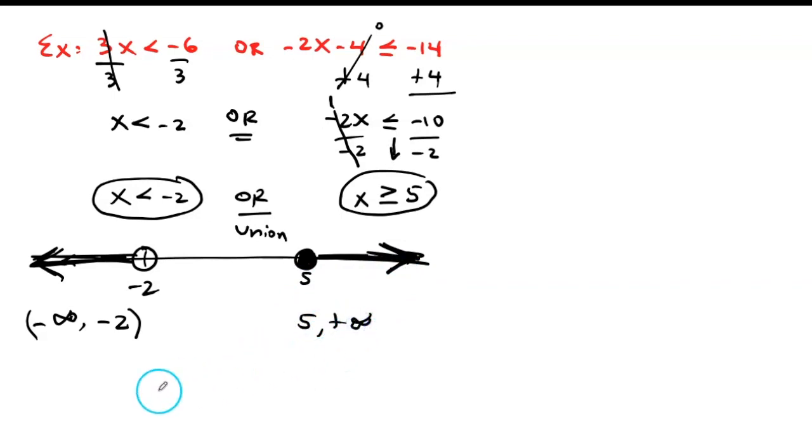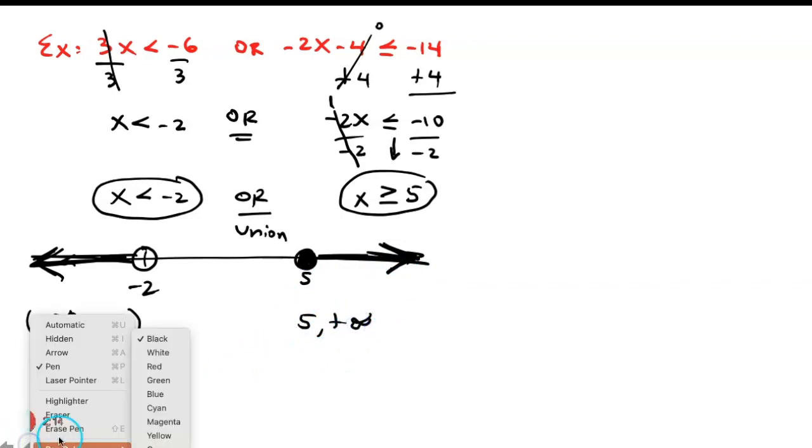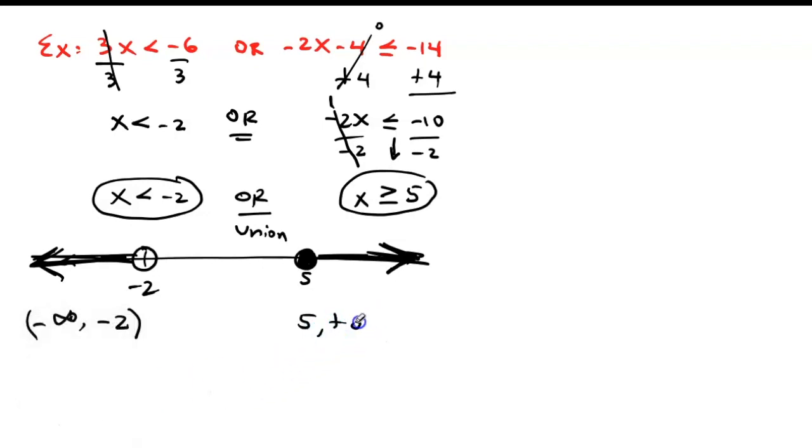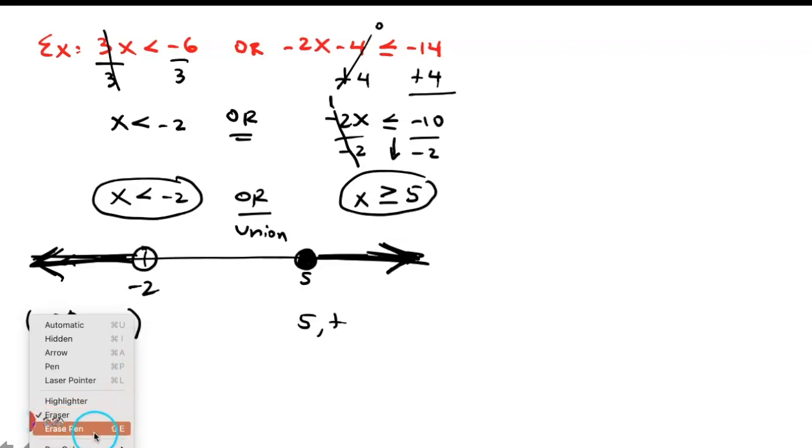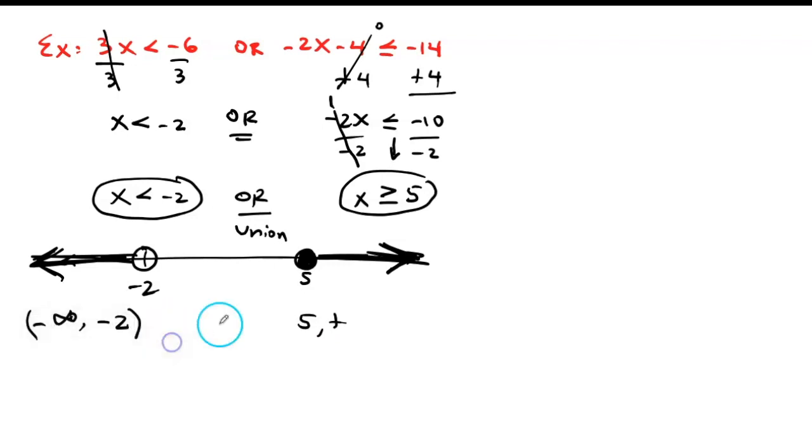Oh my god, that's a horrible infinity. I'm sorry about that. Let's get back again, pen color, and let's work this out. Here we go. Positive infinity, something better. 5 is included, bracket. Infinity, not included, parenthesis. And because we're doing OR, which is union, I put a U in between. This union to that, united to this.